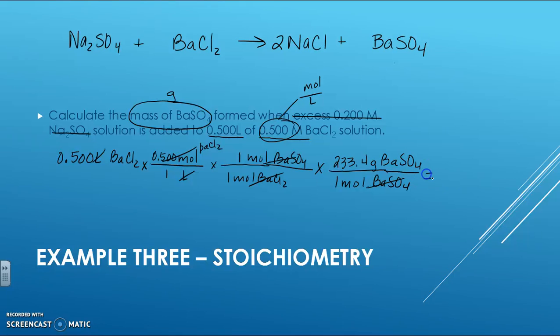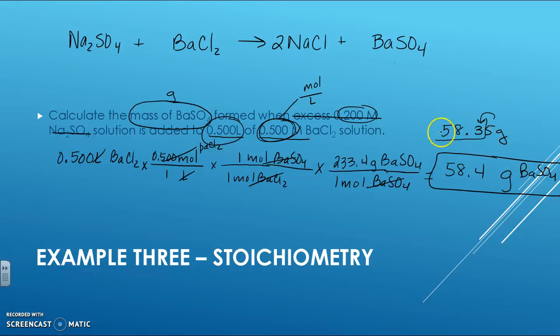Everything's canceled out except for grams BaSO4, and so we solve. The calculator gives us 58.35 grams, but we want 3 significant figures. So 58.4 grams of BaSO4. And that's how you do solution stoichiometry.